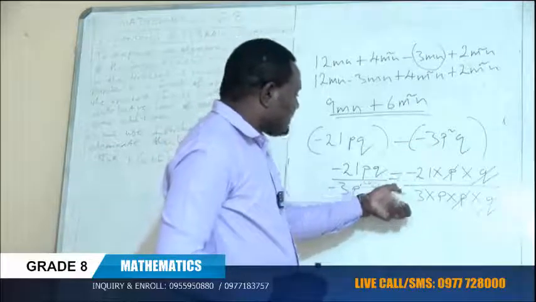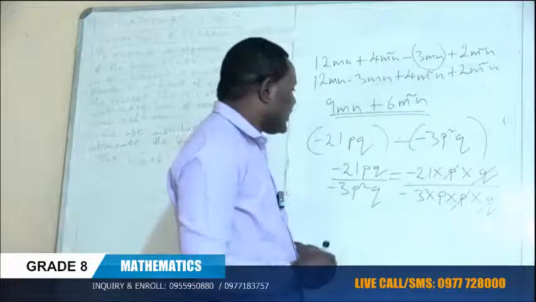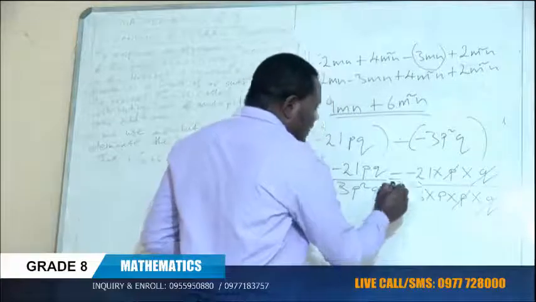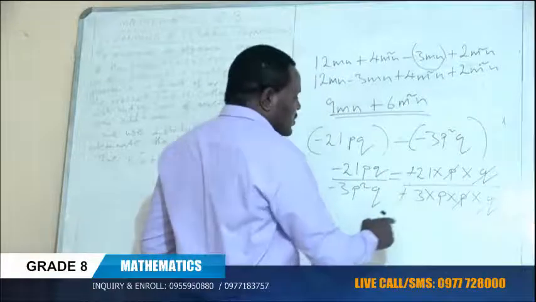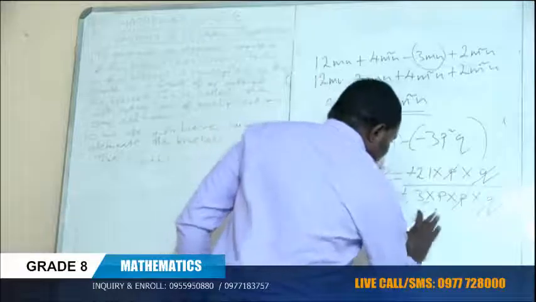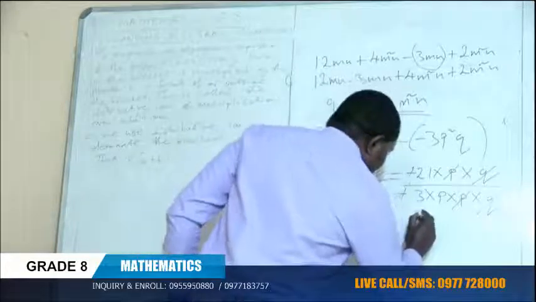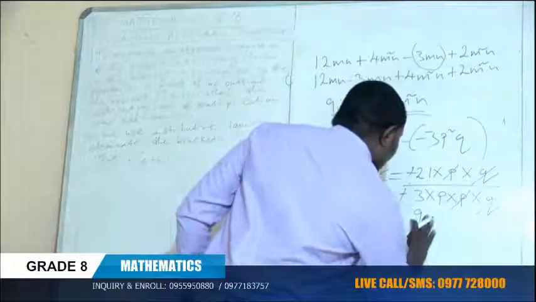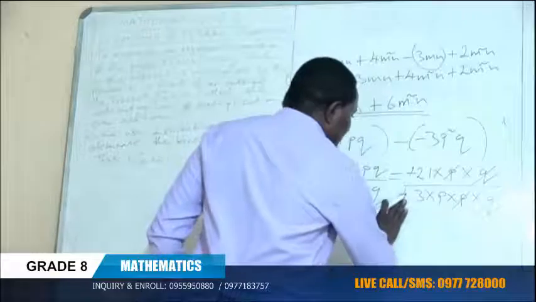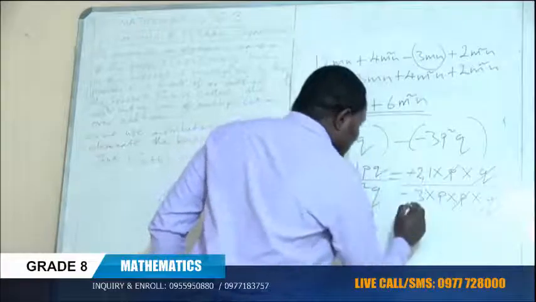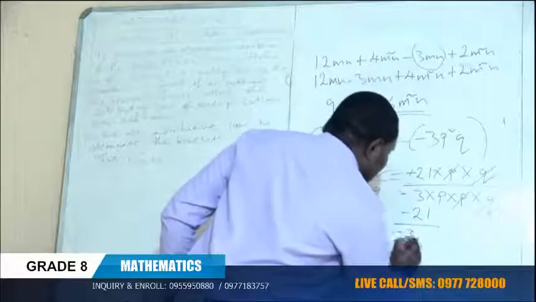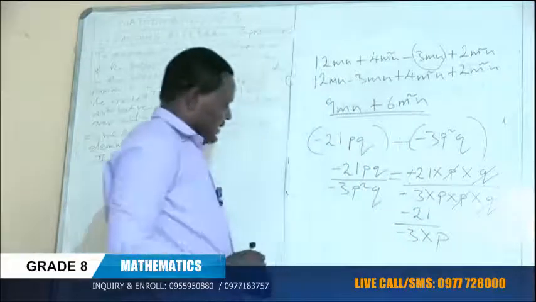Of course, we know that negative 3 can go into negative 21. So, after cancelling, we do have negative 21 over negative 3 multiplied by p.